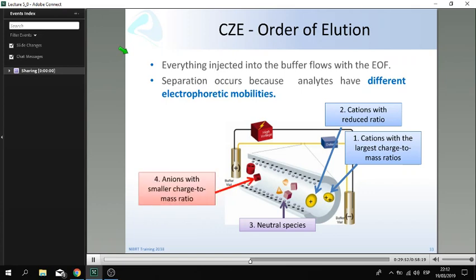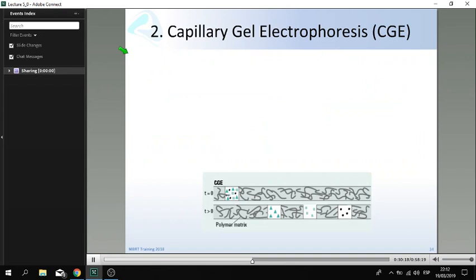Then you get your anions, which are negatively charged and don't really want to go towards the cathode but will be swept along because of EOF. First you get anions with smaller charge to mass ratio, and the last ones to come through your detector will be anions with greater ratio. So EOF is really helping you separate these anions and cations.